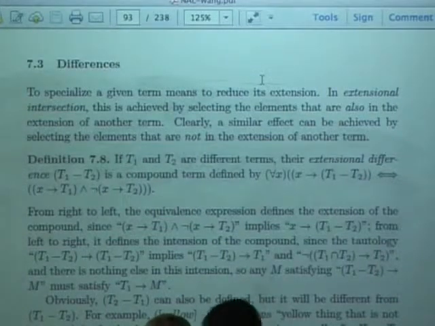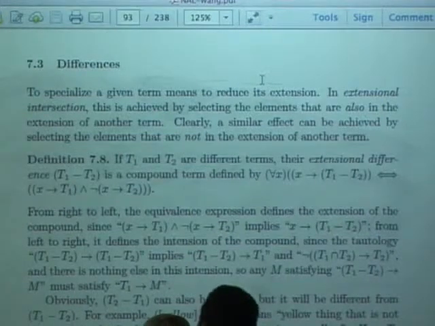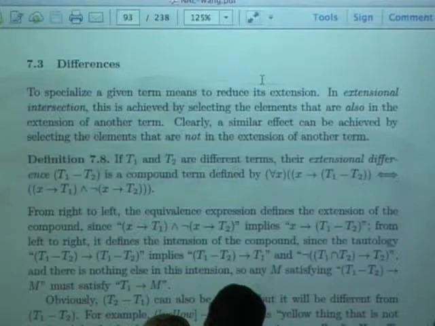That idea comes from, once again, set theory. You know, in set theory, you take the difference between this set and this set. The result will be whatever is in the first one, but not in the second one, right?